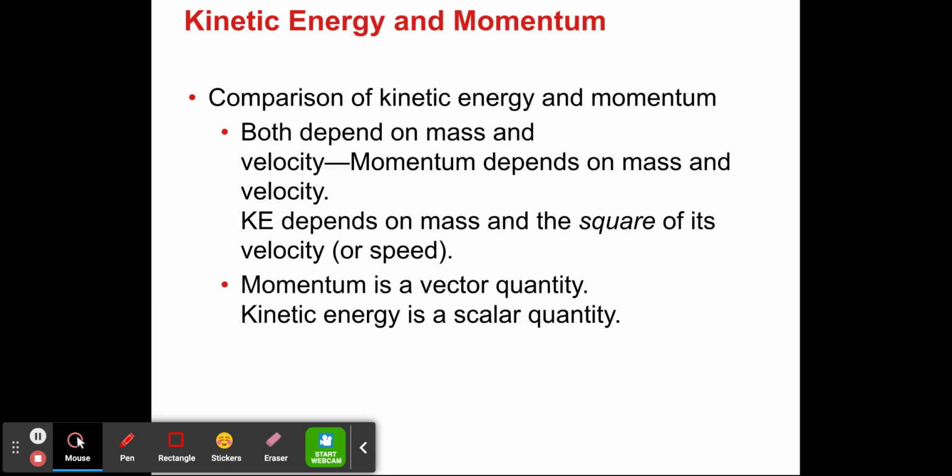Now, if you remember kinetic energy and momentum, the relationship between the two, what you realize is that both kinetic energy and momentum depend on mass and velocity. Momentum depends on mass and velocity, while kinetic energy depends on the mass times the velocity squared.